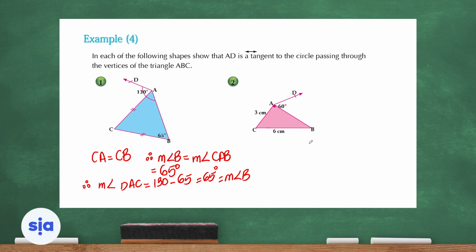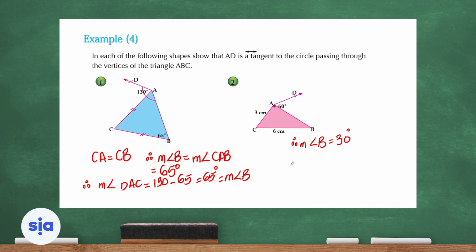If we check question 2, you will see that since ABC is a right triangle, and as you can see AC is half the hypotenuse, which is BC, therefore the measure of angle B equals 30 degrees.